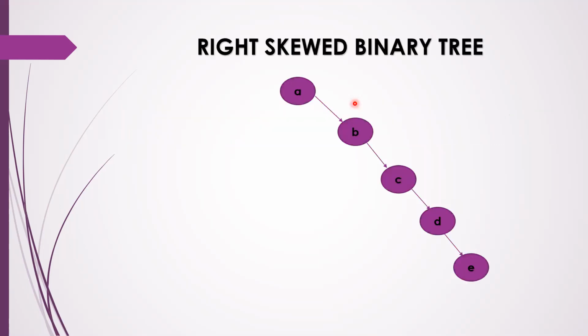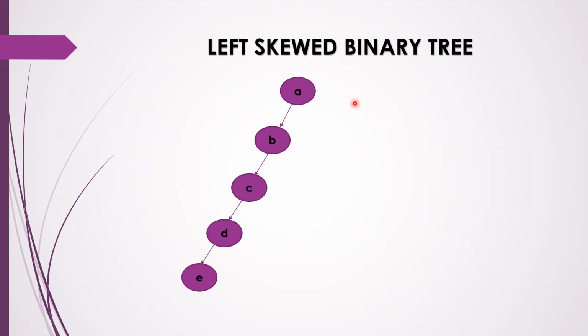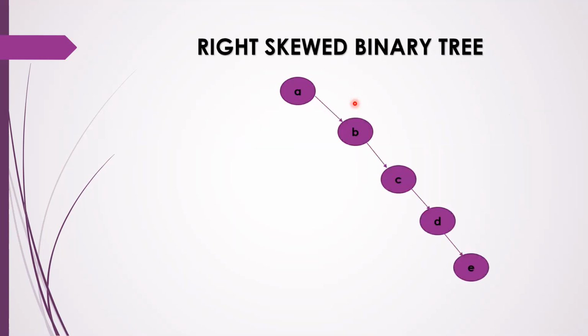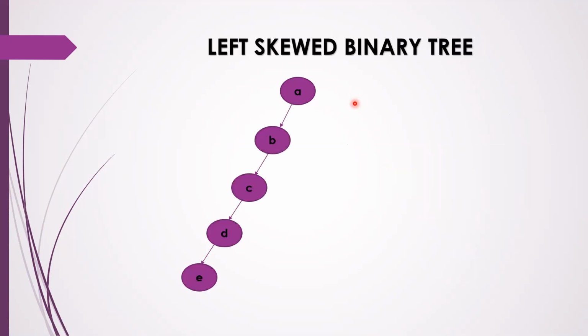Like it has only nodes on the right and no nodes on the left, or only nodes on the left and no nodes on the right. If it has only nodes on the right, it is called a right skewed tree. And if it has nodes on the left, it is called a left skewed tree.